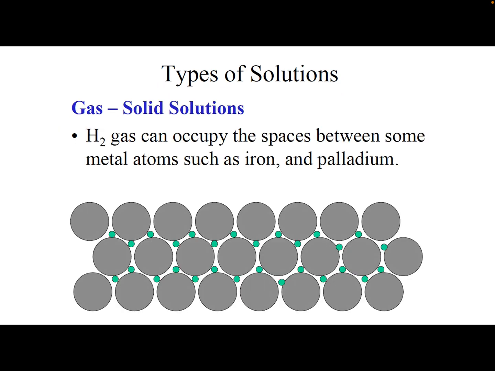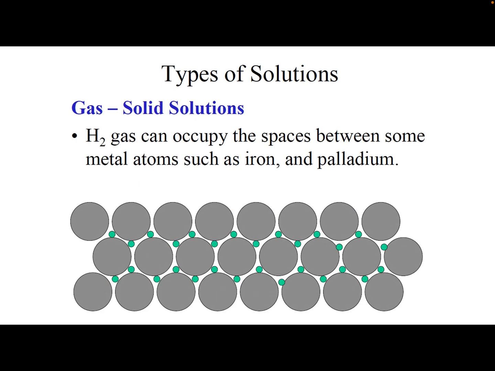Gas-solid solutions are interesting. Hydrogen gas can occupy the spaces between metal atoms. There's always some hydrogen gas in oil and natural gas, and it can become interstitially stuck in there, between iron atoms in steel pipelines.